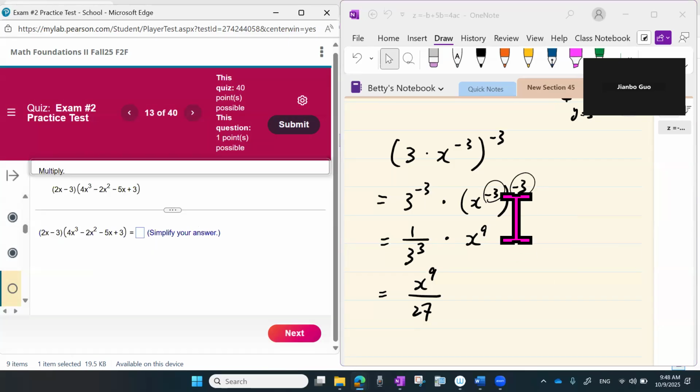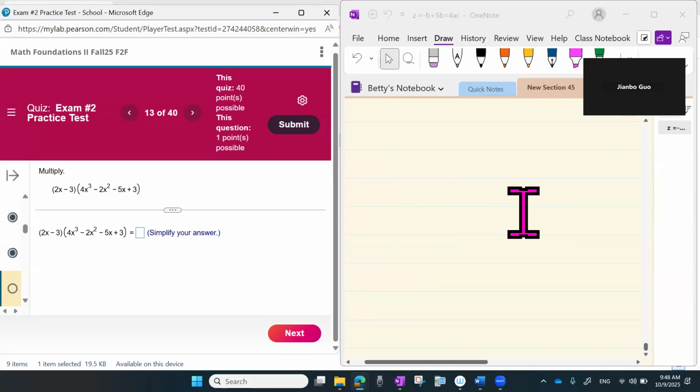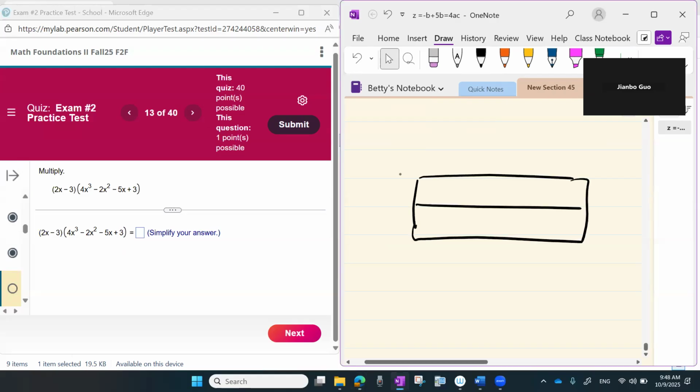Question number 13. Multiply. So this is a binomial times a polynomial with 4 terms. I'm using the box method, all right? I'm going to draw a box, 2 by 4.